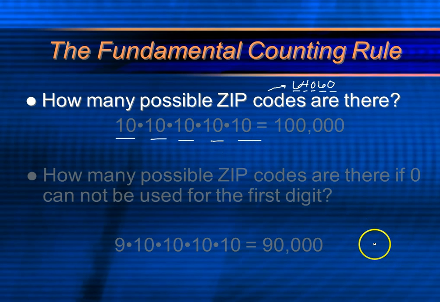So how many possible zip codes are there? My first question for you is, what do zip codes contain? Are they letters? No, they're all numbers. And how many numbers do we have? I'm going to write them over to the side. 1, 2, 3, 4, 5, 6, 7, 8, 9. And then what's after 9? 10.